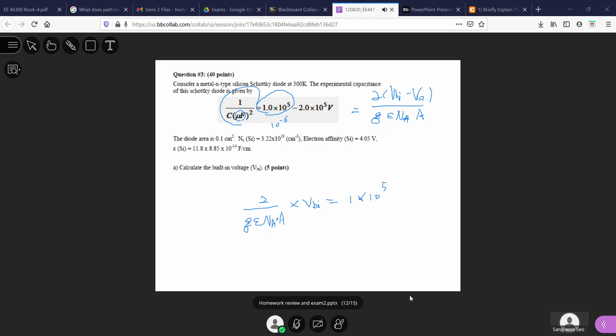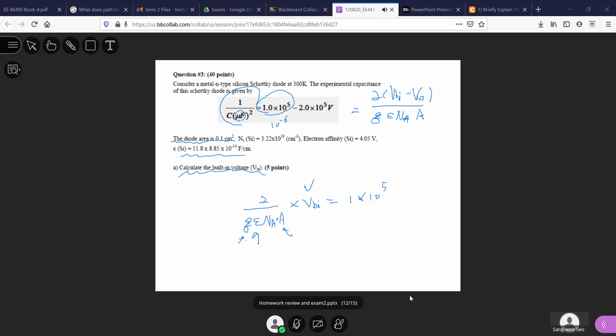So VBI is calculated, we already obtained it from the A, right? And then Q is a material parameter. Epsilon silicon is also a material parameter, so it's given in here. Okay, the area is given in here, right?